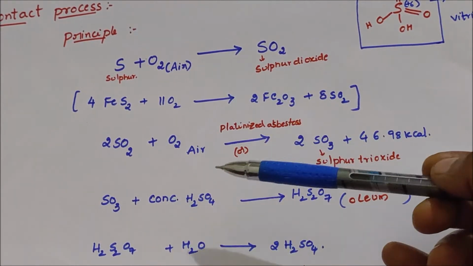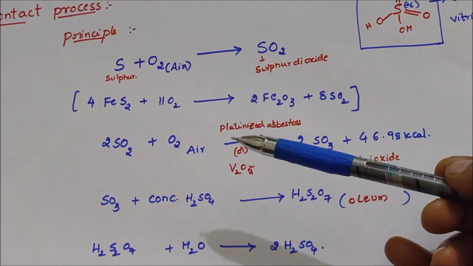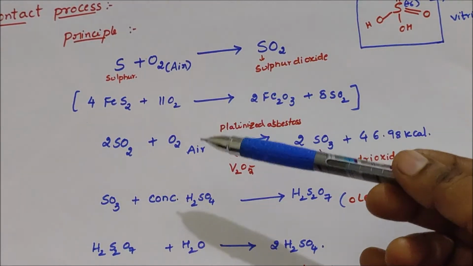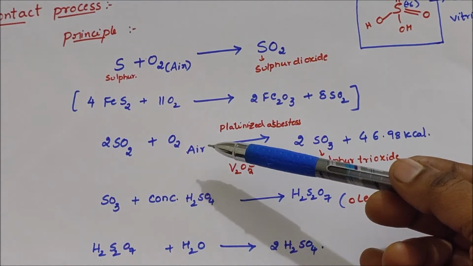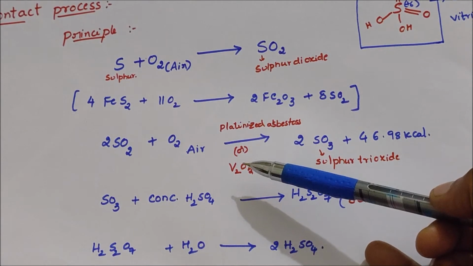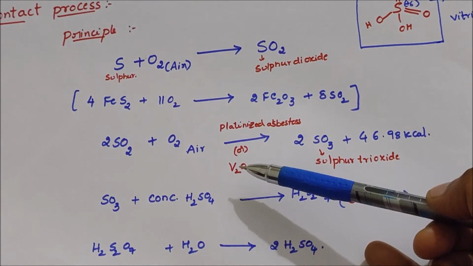It is catalytically oxidized in this step. V2O5 is preferred since it is much cheaper than platinum, and it is also not poisoned by arsenic impurities.